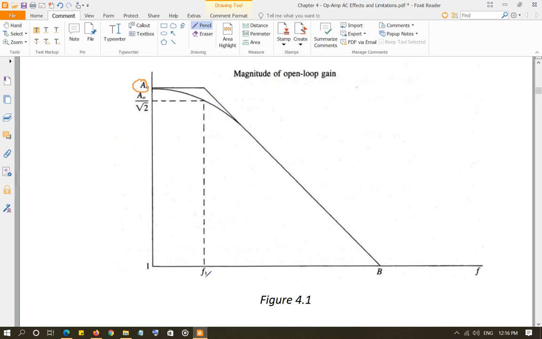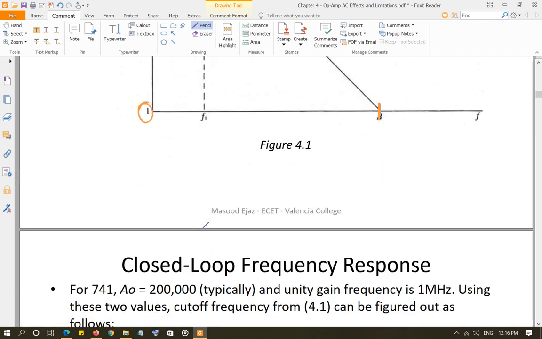At f1, which is the cutoff frequency, it is 1 over square root of 2 a naught, and this is basically the Bode plot right here, the actual plot. And then as your frequency is increasing, the open loop gain starts going down, and at some frequency B, which is the unity gain frequency, the magnitude of the gain becomes unity, that is 1. So this is the plot of that equation that I showed you.